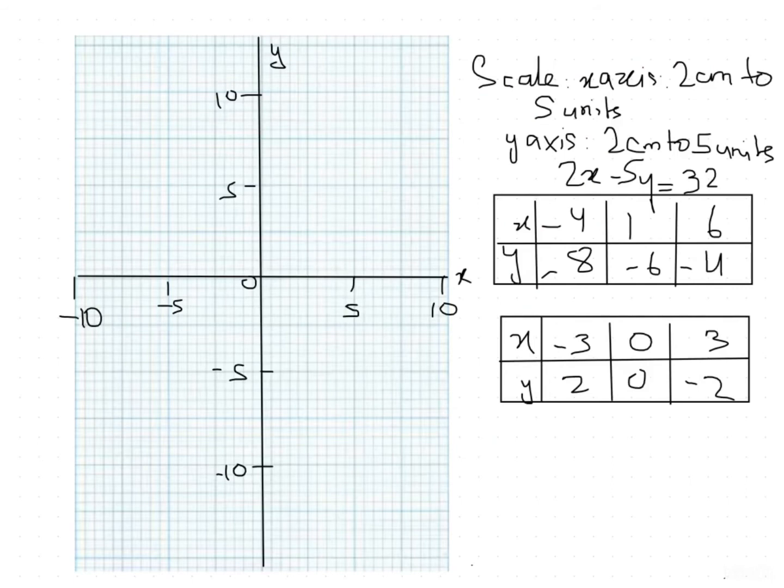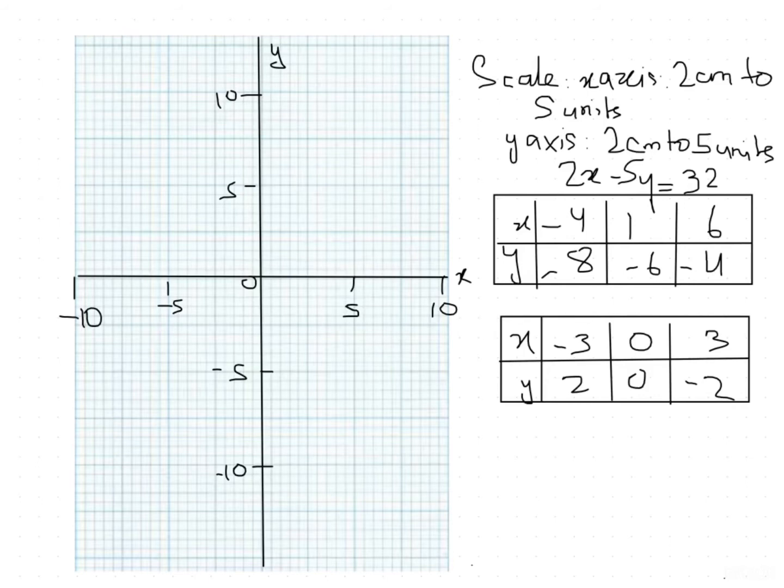Here, as you can see, is a graph, and here are the points that we found previously. The scale on the x-axis is 2 centimeters to 1 unit. It means that 2 centimeters will be used to define 1 unit. So after 2 centimeters it will be 2, and after 2 more centimeters it will be 3, and so on.